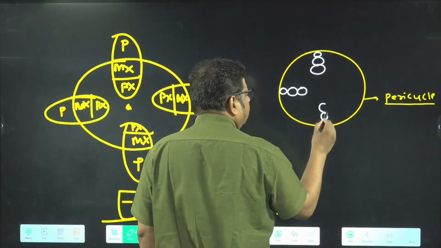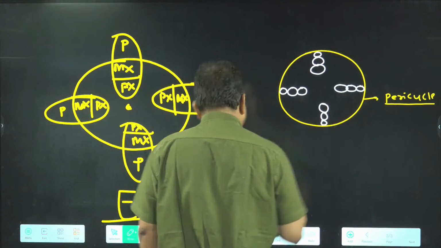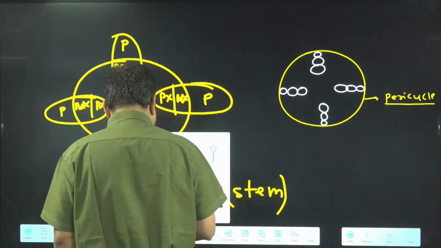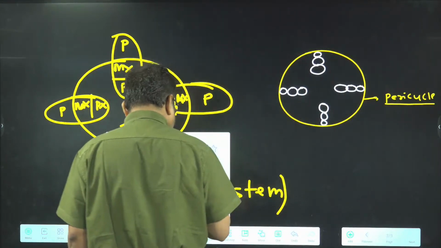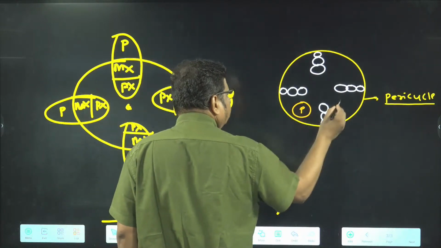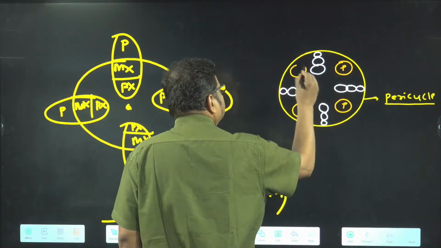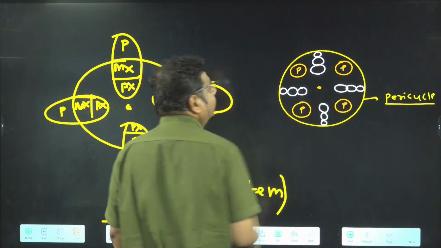Protoxylem, metaxylem. Protoxylem, metaxylem. And where is the phloem? Phloem is here. Phloem, phloem, phloem, phloem, and phloem. So it is root, and this is the center.